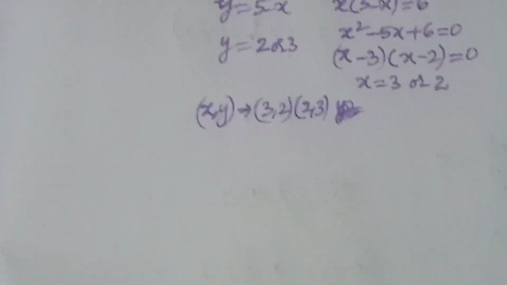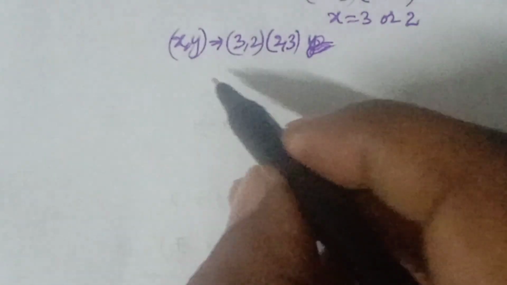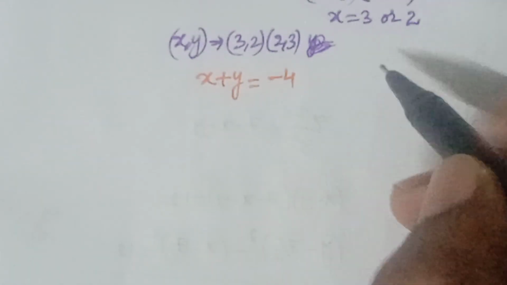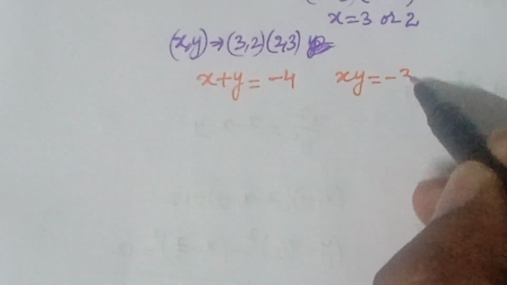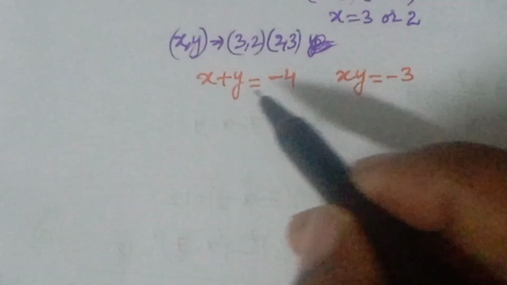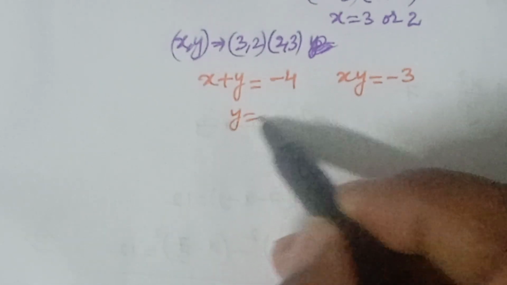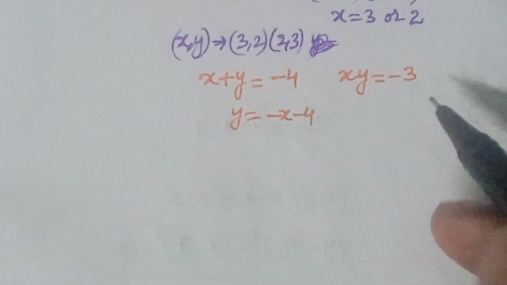Now the second case: we have x plus y is minus 4 and xy value is minus 3. So here y is equal to minus x minus 4.